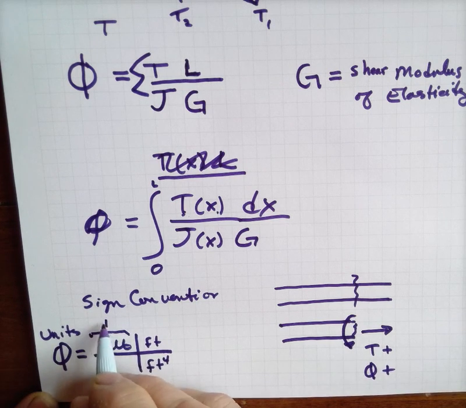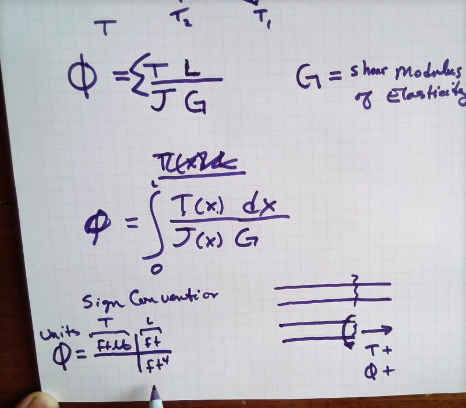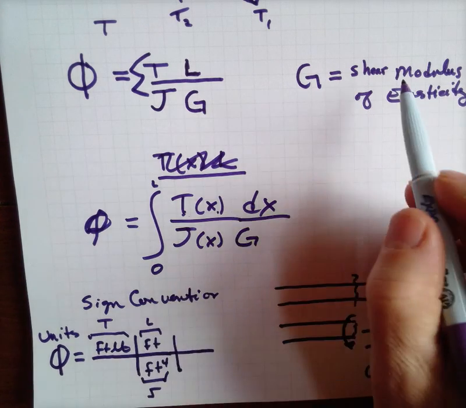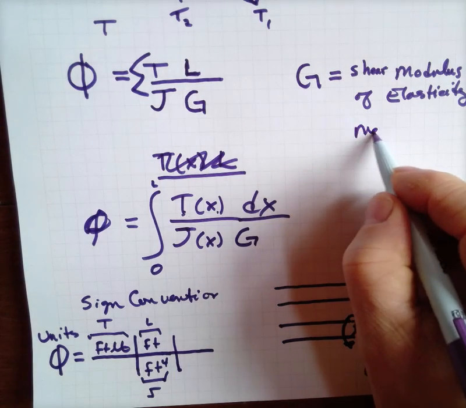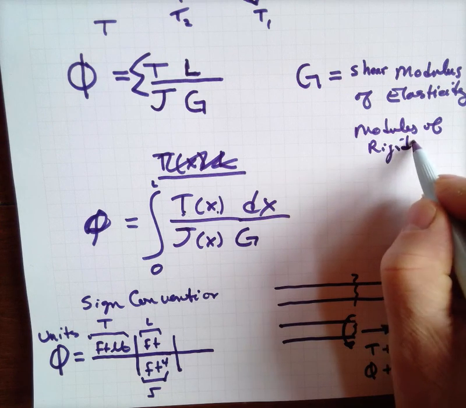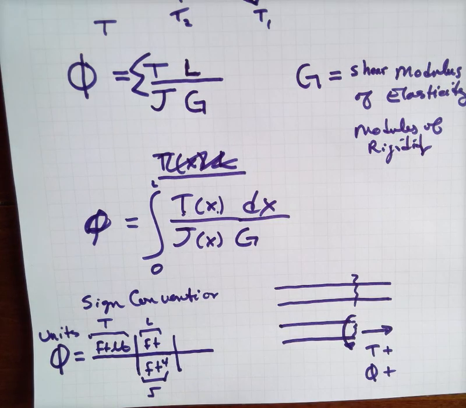So T, L, J, and G. And you can find G. Another name for the shear modulus of elasticity is the modulus of rigidity. And you can find that in the back inside cover, just like we did for E.